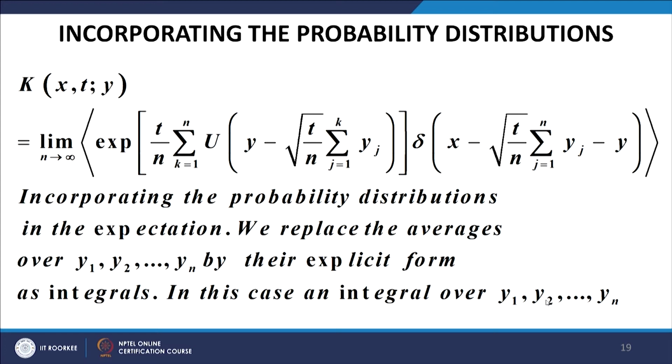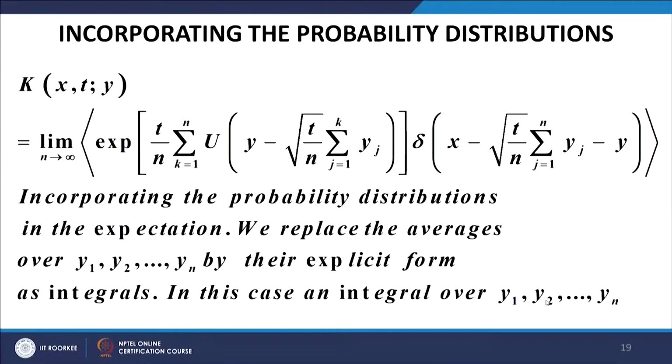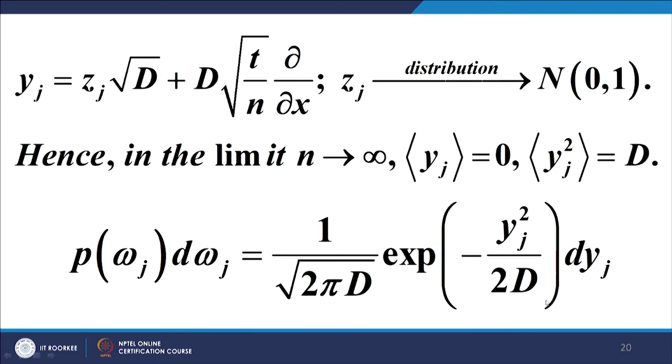You can very well see here that the only random variables are the y's. So, we introduce the respective y1, y2, y3 and so on, introduce the probability density functions of these variables, and write the expectation in explicit form by incorporating the Gaussian probability density functions together with whatever we have inside the angular brackets. So, let us see what we get.